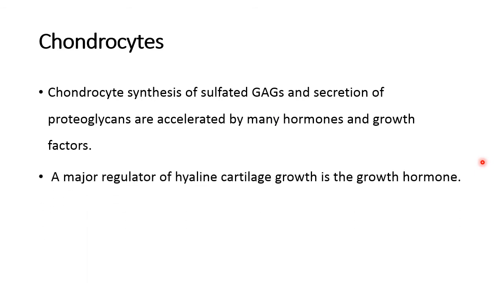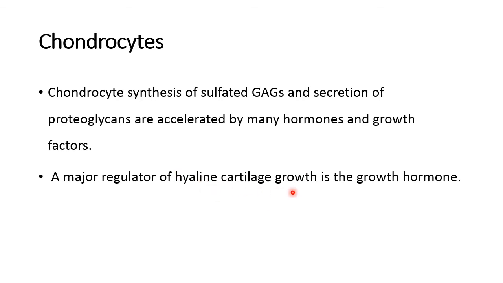And the major regulator of the hyaline cartilage growth is the growth hormone أو اسمه الثاني somatotropin. Growth hormone is released by the anterior pituitary gland. So it is a major regulator of hyaline cartilage growth.